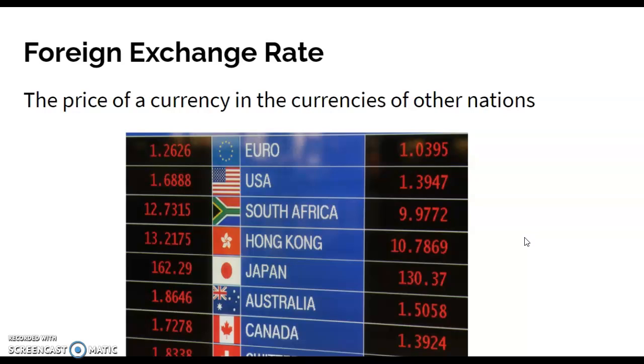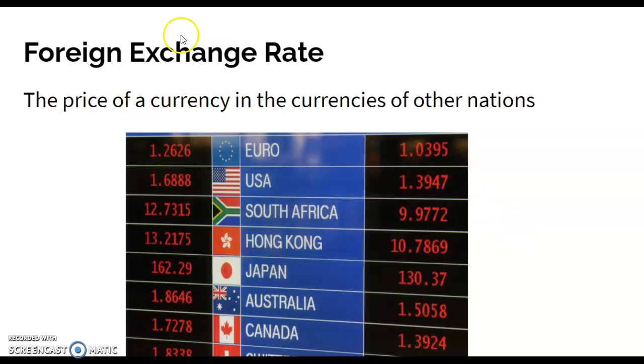So foreign exchange rate is the price of a currency in the currencies of other nations. This is an image here of the exchange rates within that exchange market we were just talking about. Again, the numbers are not completely random. They are based on how the currency there is valued, and we'll talk about what determines the value in a moment.